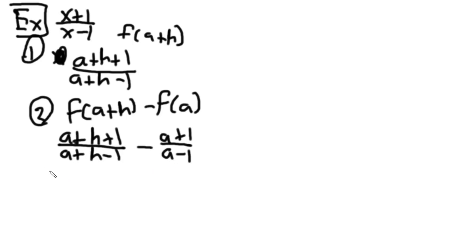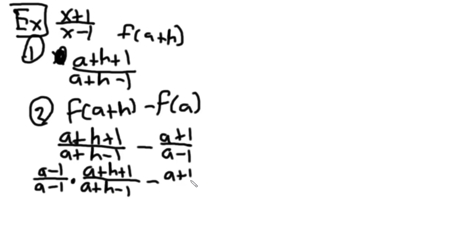So I'm going to multiply the left fraction by a minus 1 over a minus 1. I'm going to multiply the right fraction by a plus h minus 1, which is my denominator on the other side.